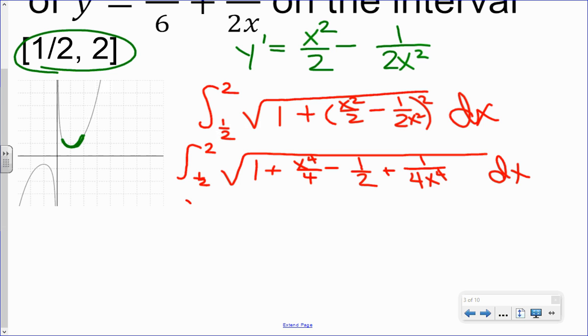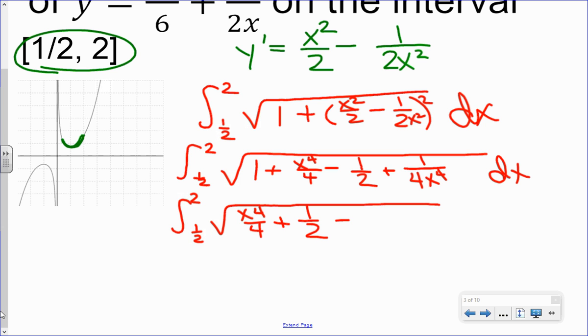All right. So this is what I want you to notice. If we were to combine terms, we would have x to the fourth over 4 plus 1/2 plus 1 over 4 x to the fourth. I've underlined 2 pieces with my black marker.